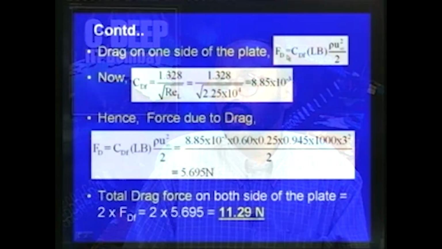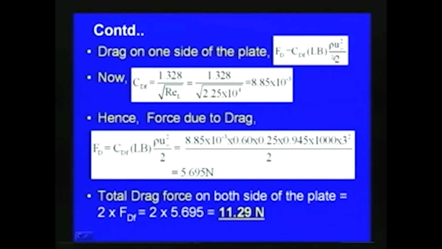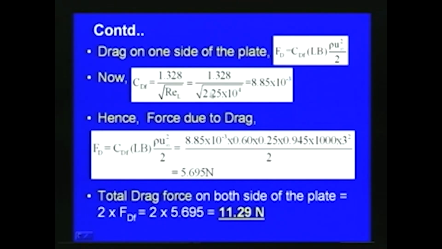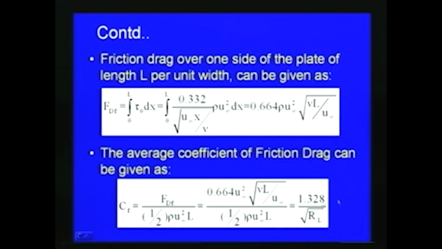And then the drag on one side of the plate, F_D, is equal to C_DF into L into B into rho U infinity square by 2. When we consider the total drag, we have seen the local drag coefficient as well as the full drag coefficient, the average coefficient of friction drag C_DF is 1.328 by root Re_L.